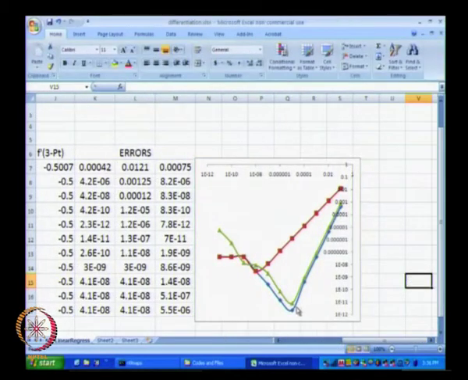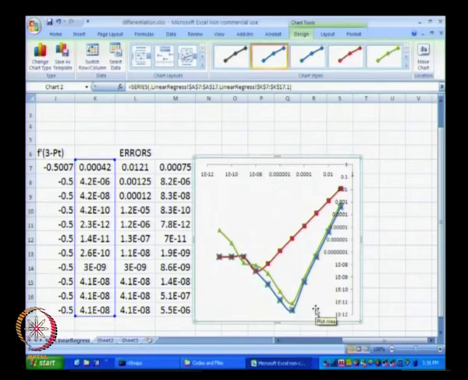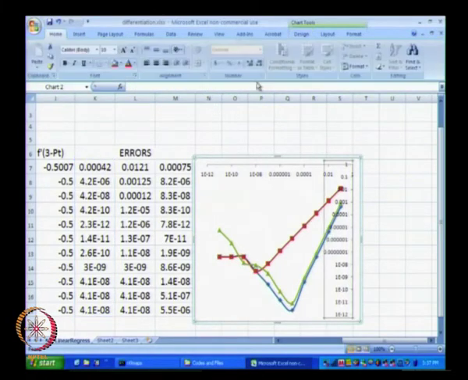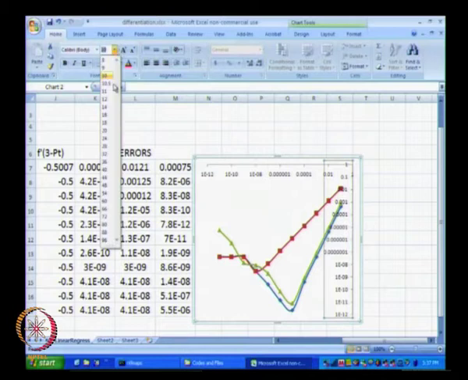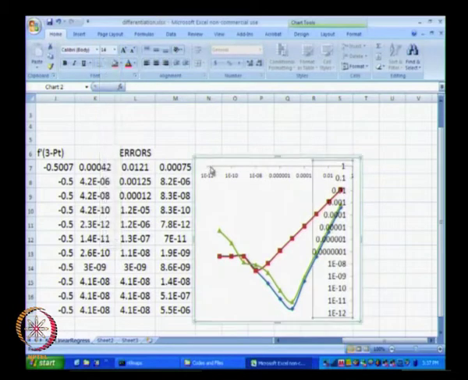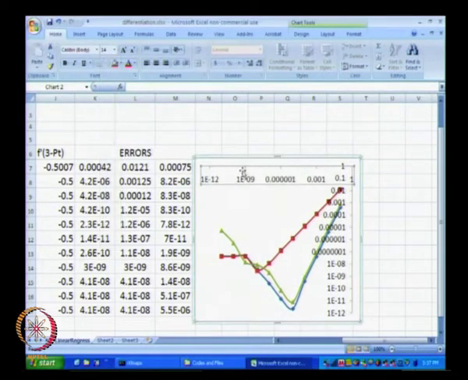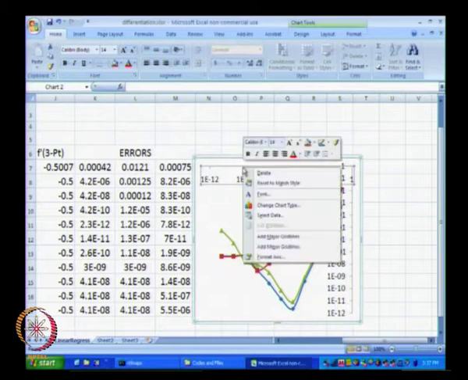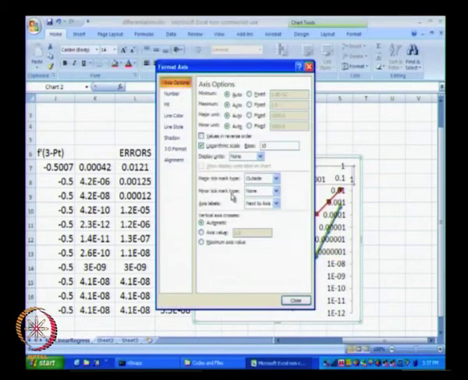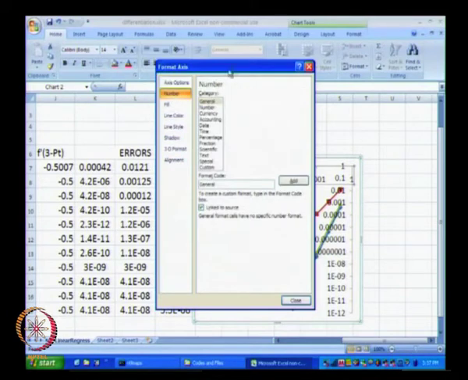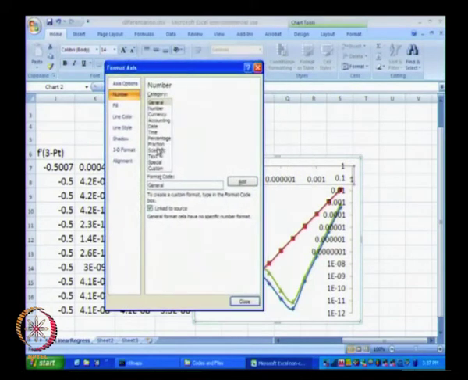Okay. So, on the y axis we have the errors, and on the x axis we have the delta x's. I will just again go ahead and format the number, I will use that as a scientific notation.